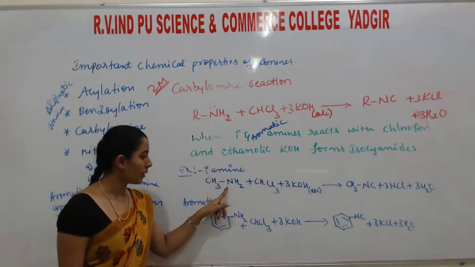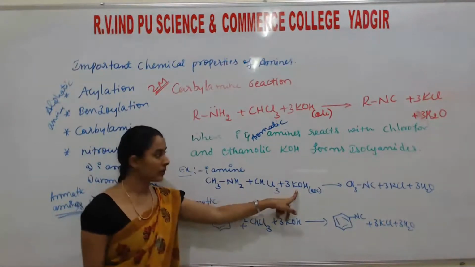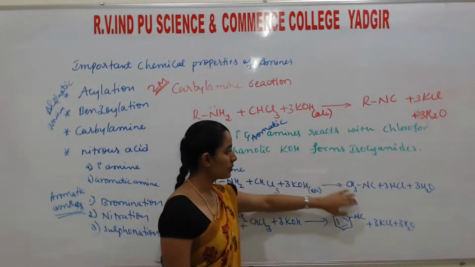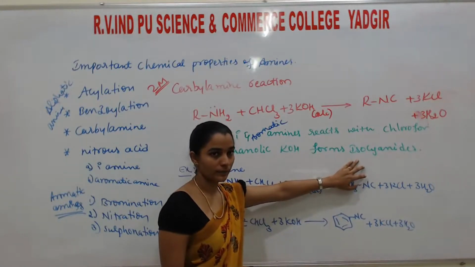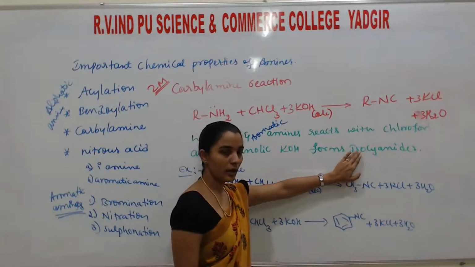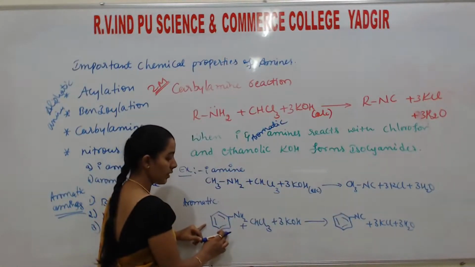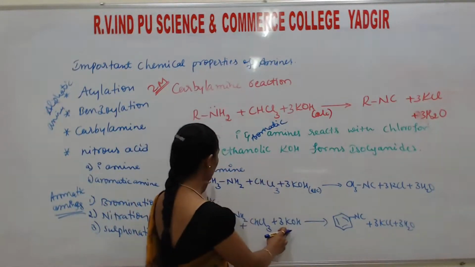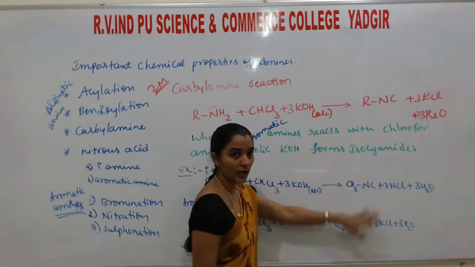Okay, so here students, when this amine is there, you write the name of this compound. When methanamine reacts with chloroform in the presence of ethanolic KOH, it forms methane isocyanide. Understand? The name of the compound is methane isocyanide. When benzenamine reacts with chloroform in the presence of ethanolic KOH, it forms benzene isocyanide.